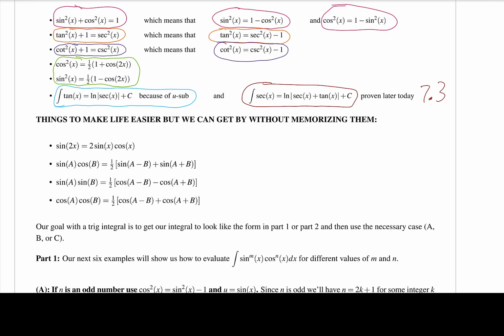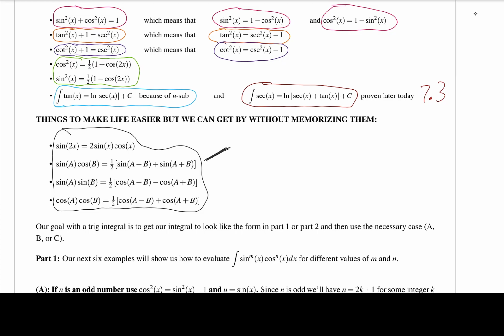Okay, and then these down here, so these are just some formulas that make our lives easier, but we can get by without memorizing them. So I want to point out this one right here.